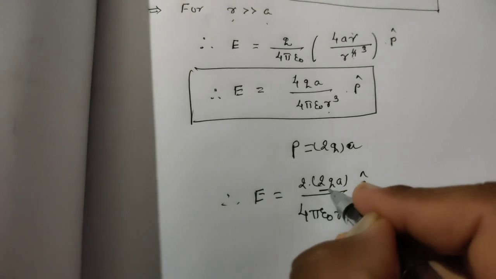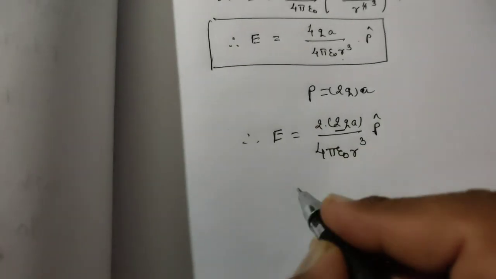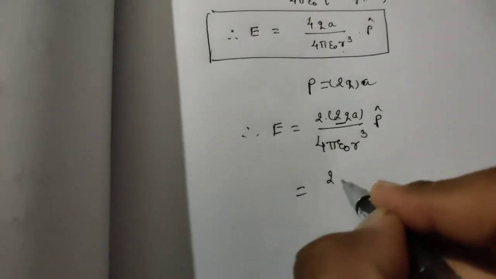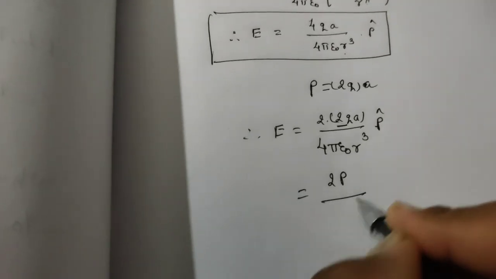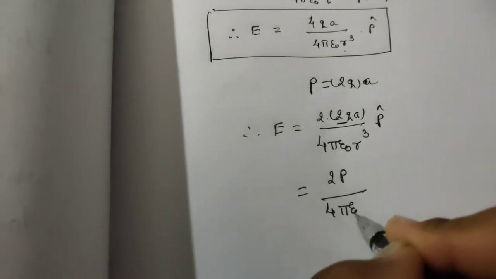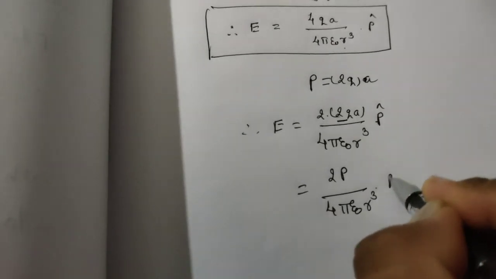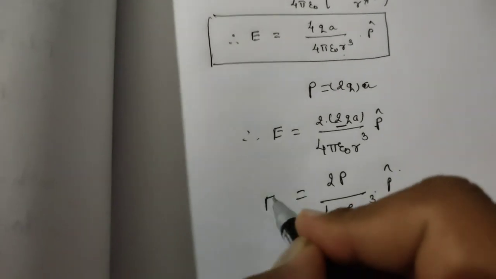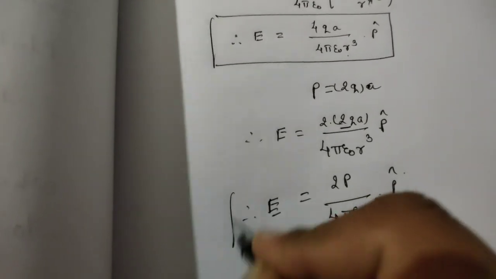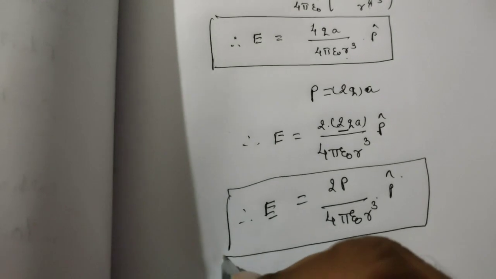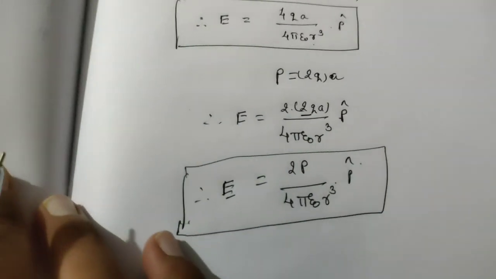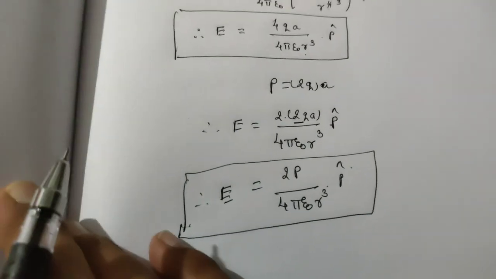Okay, so here we can insert this value: 2 into p upon 4 pi epsilon naught into r cube into p cap. This way also you can represent the net electric field when such a dipole is put on the axis.